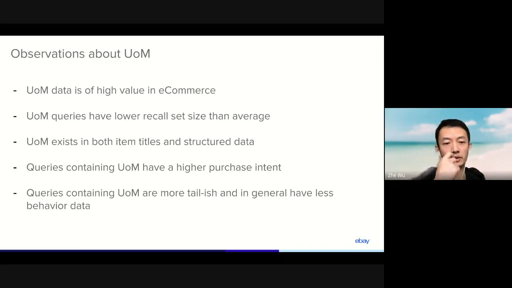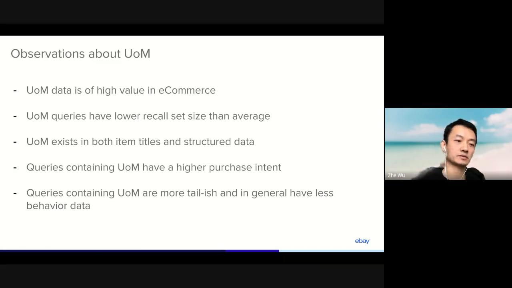We care about queries containing UOM because those queries tend to have a higher purchase intent. Just to give you a concrete example, if people are looking for, hey, iPhone 10, this is one query. Another query is, space gray iPhone 10 with 512 gigabytes.